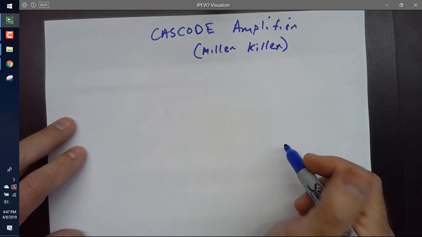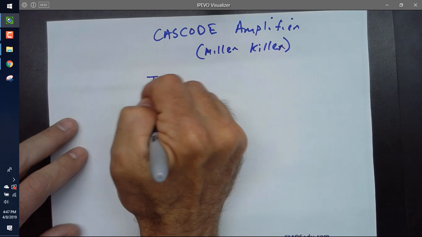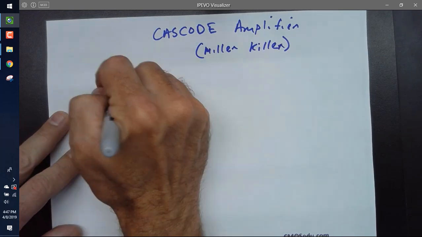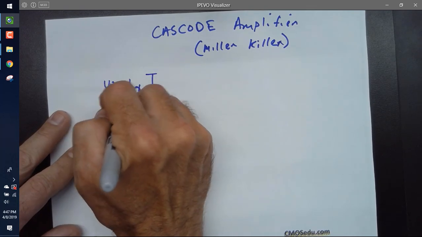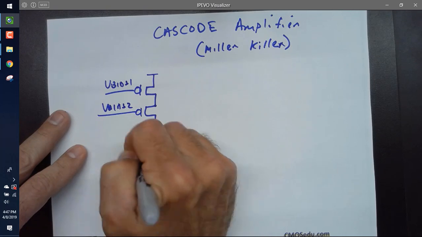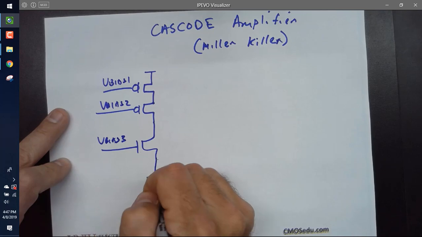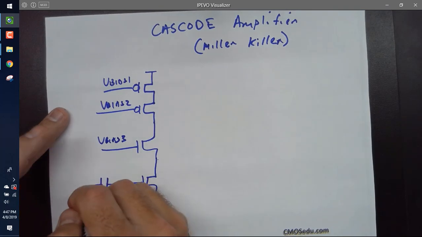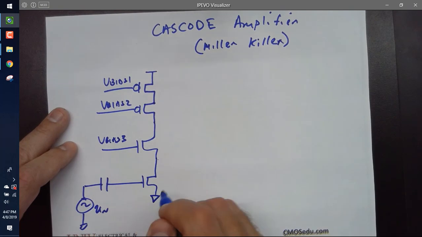All right, you'll understand why in a moment. So this is V bias 1, V bias 2, V bias, and everybody understands the bias voltages, right? I won't do frequency response for a minute. If we have time, we will.